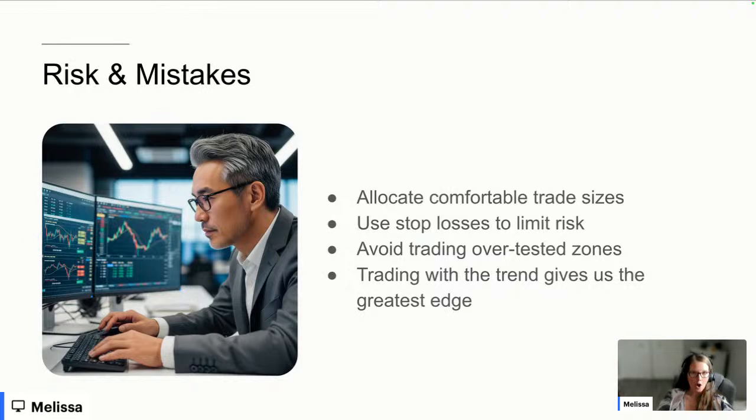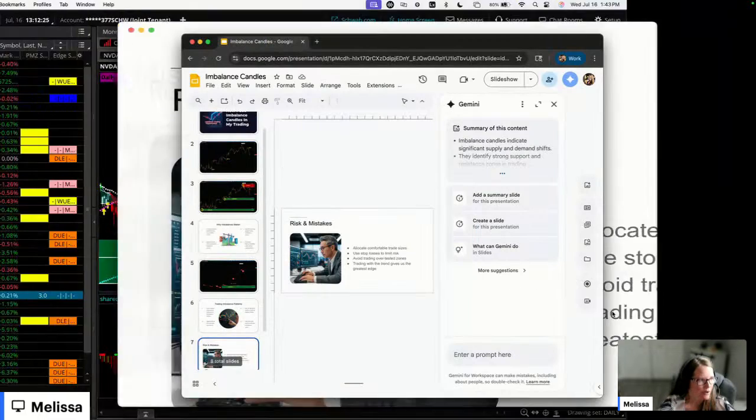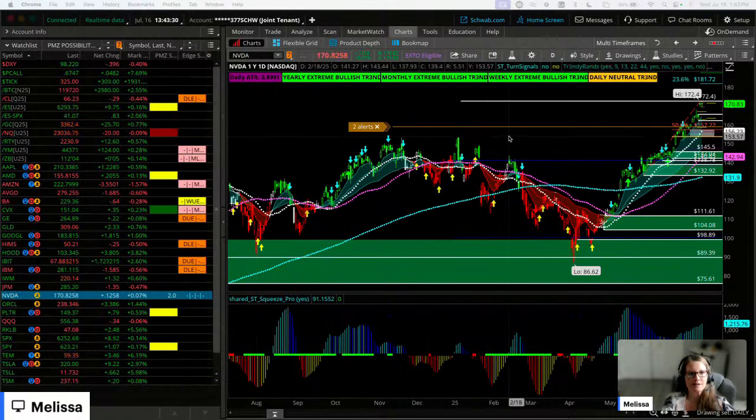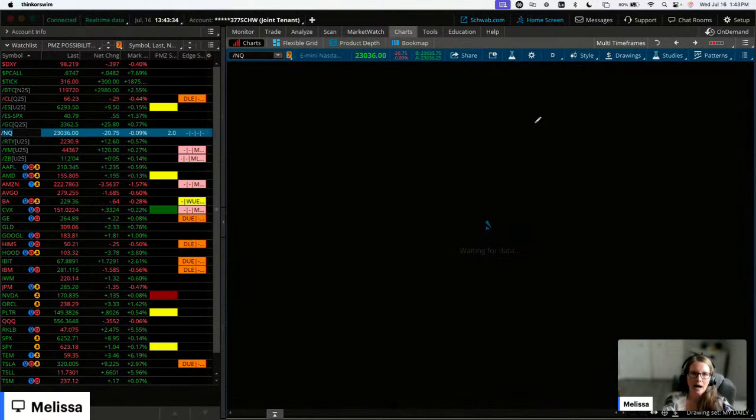So, all of that to say, I've got about 15 minutes left of this session, and there's nothing I enjoy more than looking at live charts and taking requests from you, the viewers, on some names that you might be interested in seeing how I would set up a trade plan based on imbalance candles and zones, buy and sell zones.